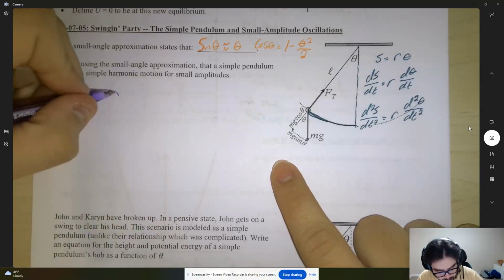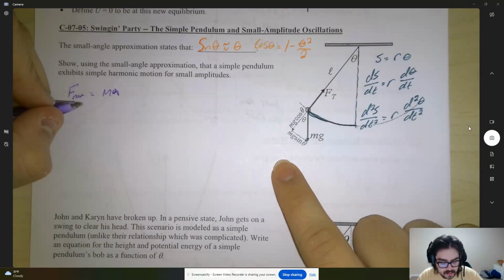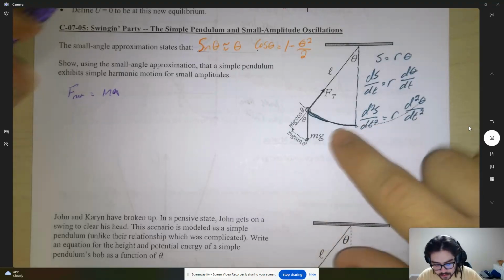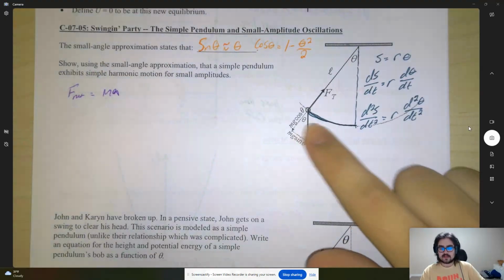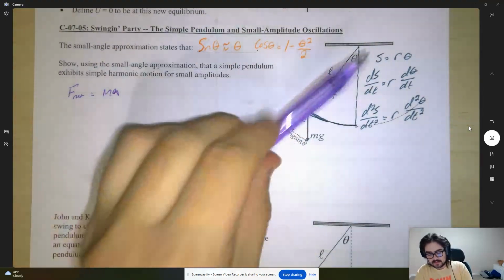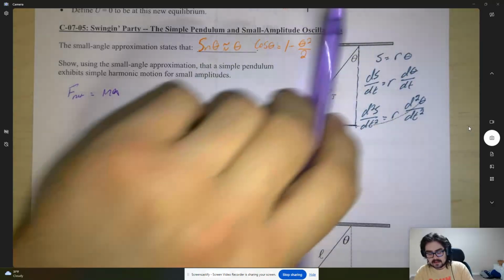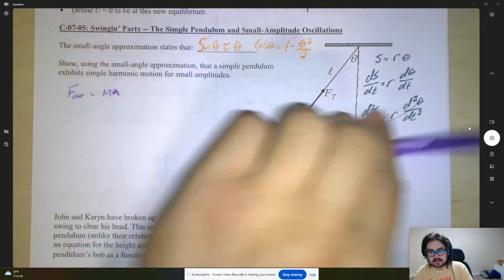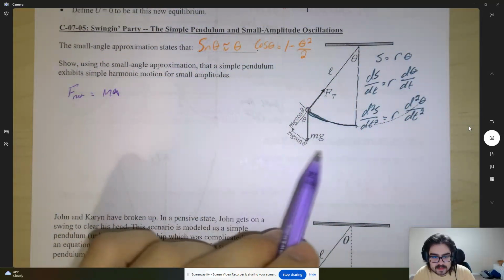Now that I've started with this, I need to figure out what my net force is. Notice that the tension force is pulling up this way. That's actually going to cancel out the mg cosine theta, because ideally the ball is not moving in this direction at all. Instead, it's moving in a swinging motion. What's causing that motion is the mg sine theta term.